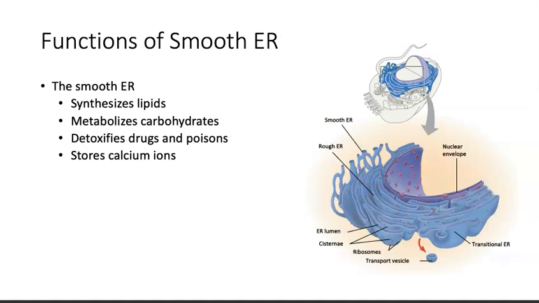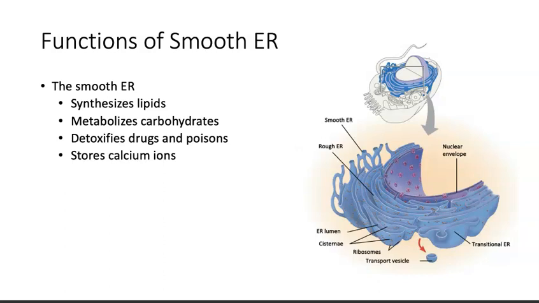It has several functions, including synthesizing lipids, making fats, all kinds of fats. In the previous chapter, we learned about three categories of fats, including phospholipids, triacylglycerols, and cholesterol. So synthesizing lipids. It also metabolizes carbohydrates.